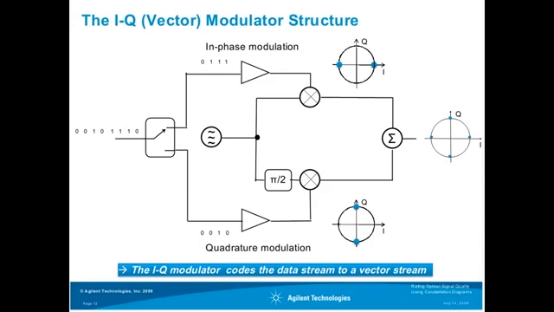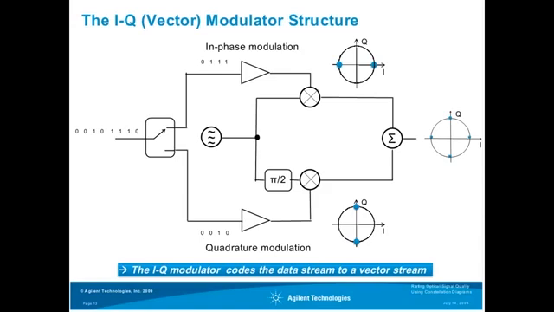And here you can see the corresponding constellation diagrams of the signal in between this transmitter. You see the in-phase modulation just carrying the real part of the signal, or 180 degrees, and the same constellation diagram, but rotated by 90 degrees, you can see at the quadrature modulation path.